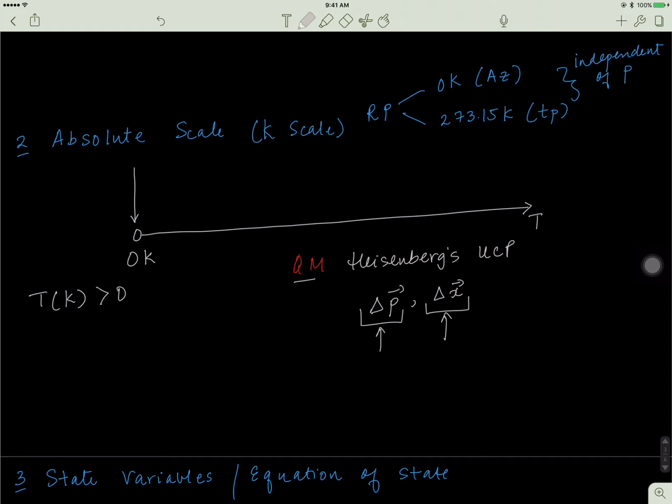We know that temperature, some of you might not know this, is the reason why molecules have kinetic energy. Kinetic energy is 1/2 mv squared. The reason why molecules are moving around in a system is that they have some temperature-associated kinetic energy, so they're always moving around. At 0 Kelvin, the kinetic energy essentially becomes 0 because the temperature is 0.